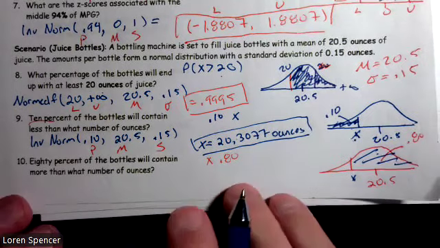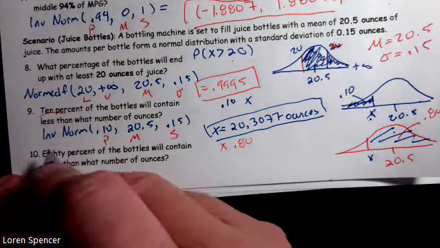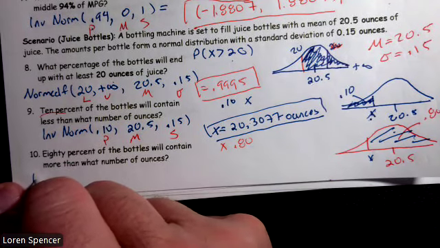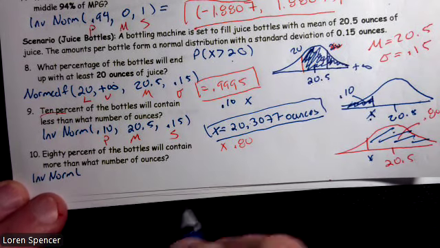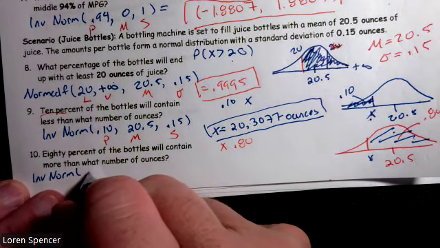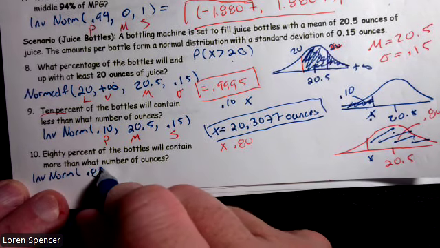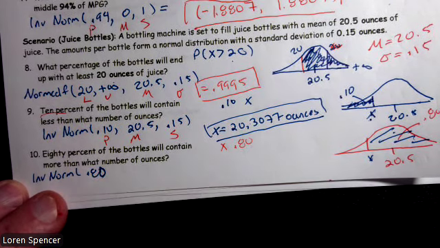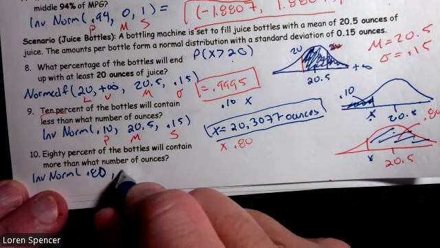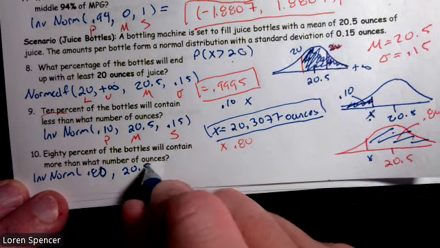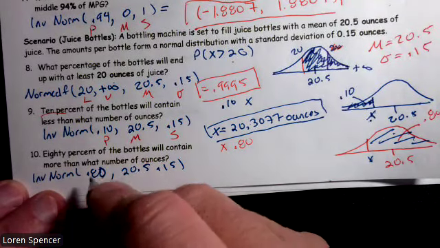We're going to do an inverse norm because they gave us a percent. When they give us a percent, we use an inverse norm. They told us it was 0.80, that's our area. They also gave us a mean of 20.5 and a standard deviation of 0.15.